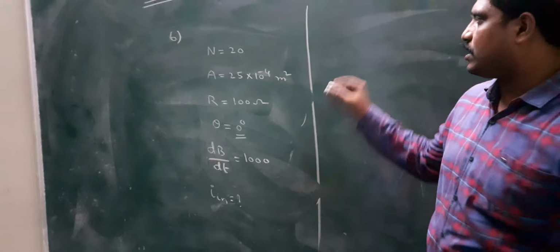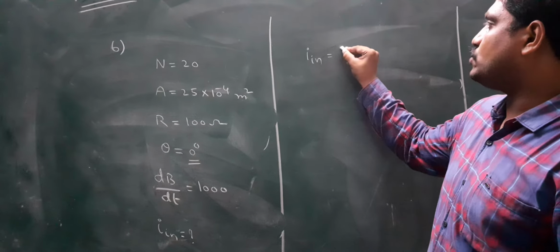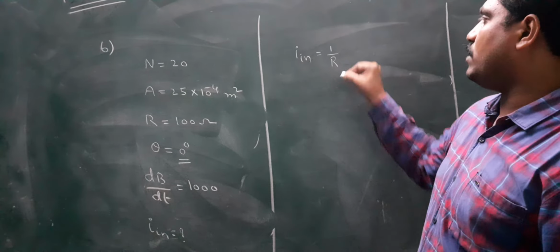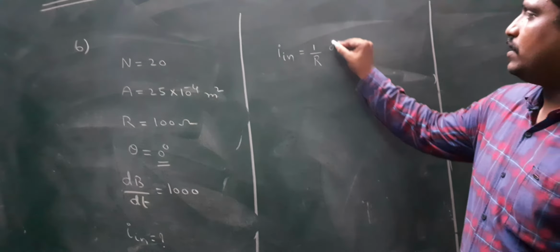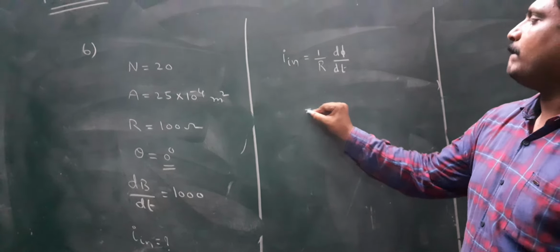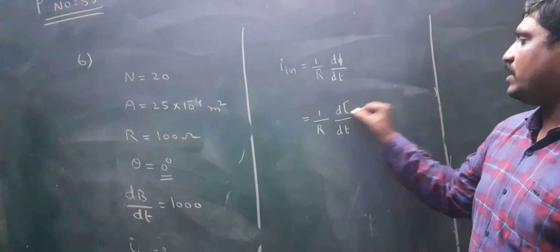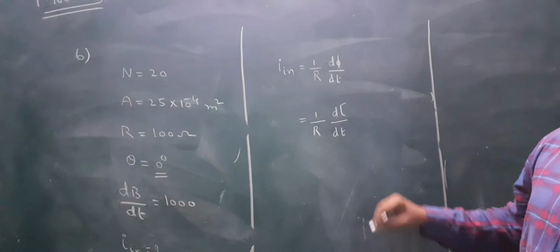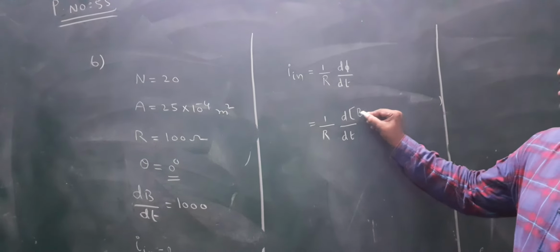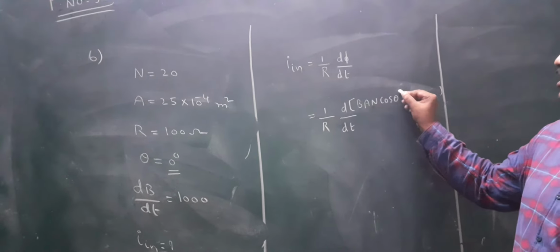In the introduction, I discussed the direct formula for induced current. Induced current equals 1 by R into dφ by dt. This is the formula. On the right side, 1 by R, d by dt of φ. φ means BAN cos theta.